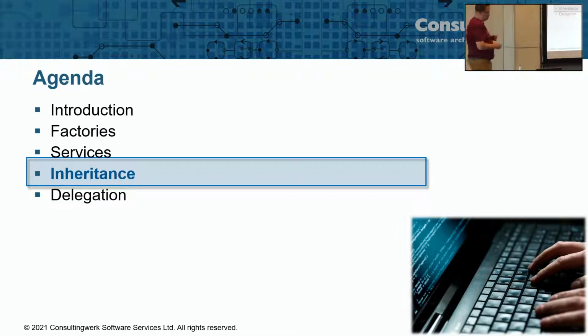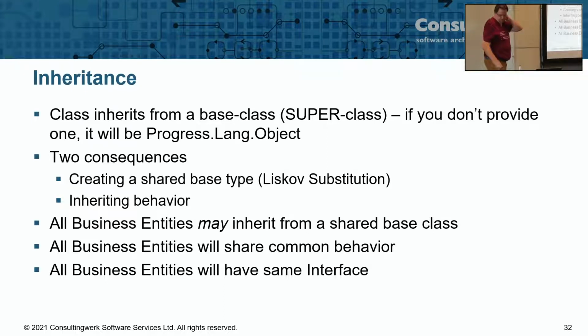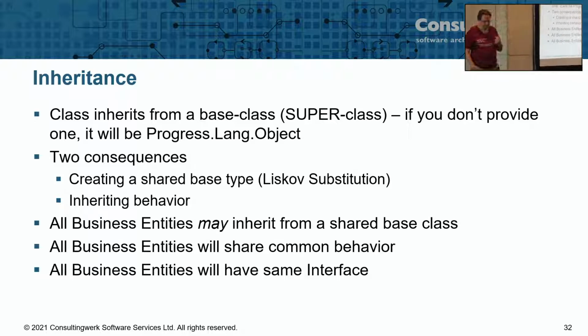So inheritance, I think it's one of these concepts that people start using very quickly. You start writing a base class. The base class may just be intended to be a base class, or it could also be useful by itself.